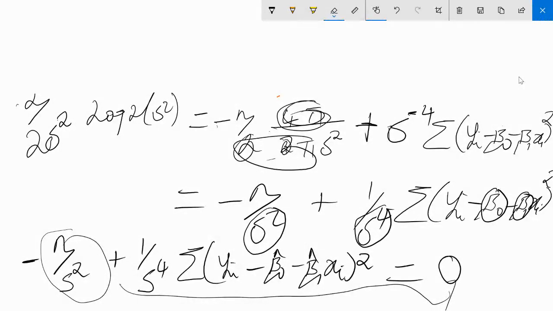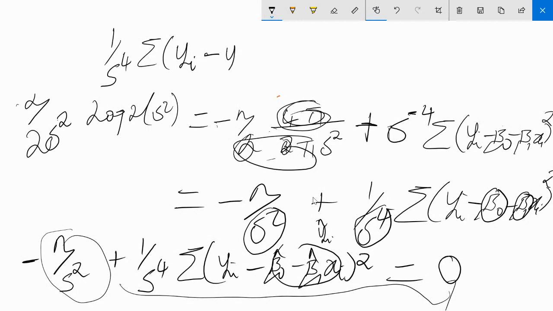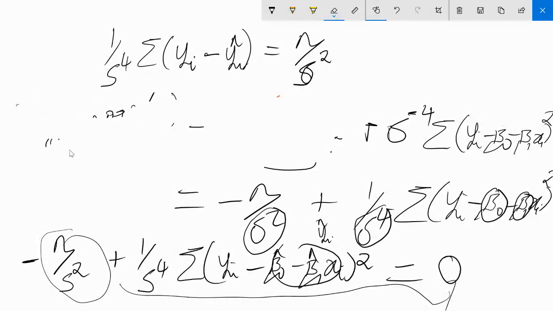On the left, we will be left with minus the sum of yi minus yi hat squared, which is equal to n over s squared. Is that part clear? I don't want to leave anyone behind. Is that part clear?